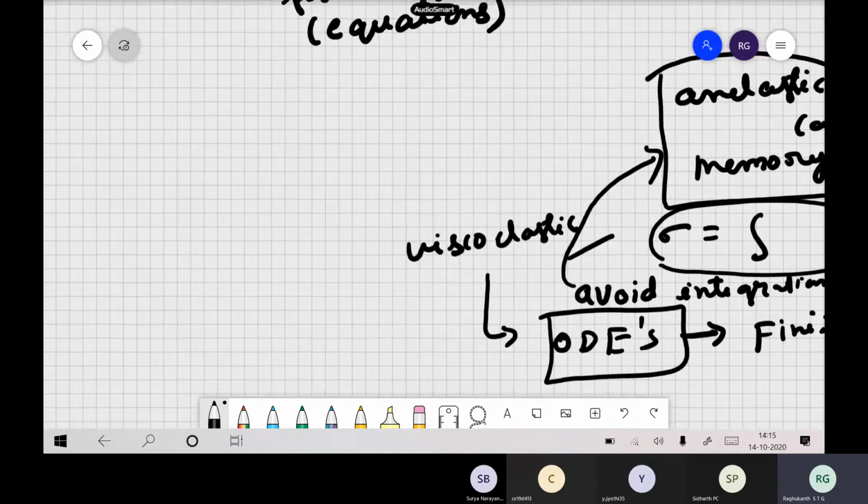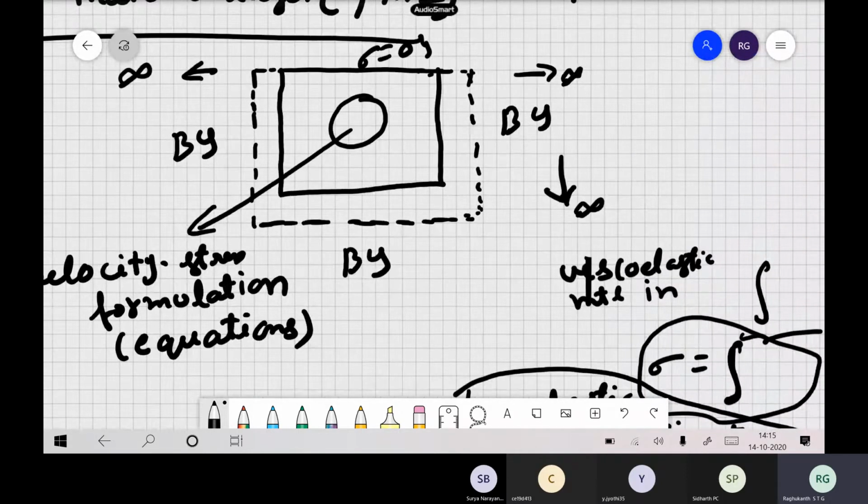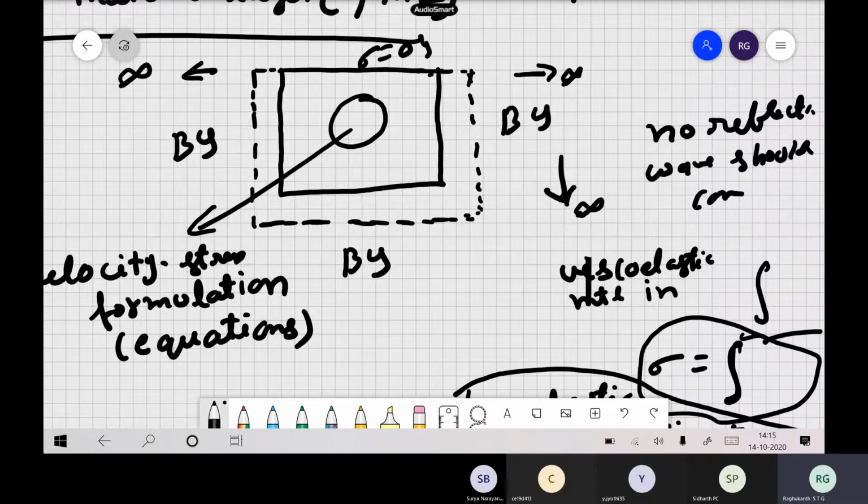Okay, so now the same concept applies here also. Here we have the absorbing boundary conditions, which means the wave should not come back. There should be no reflections. So no reflection, the wave should not come back. This is our boundary condition. Now how do we represent a boundary condition in finite difference? In finite difference, if you write the boundary conditions in integral formats, it becomes very, very difficult.